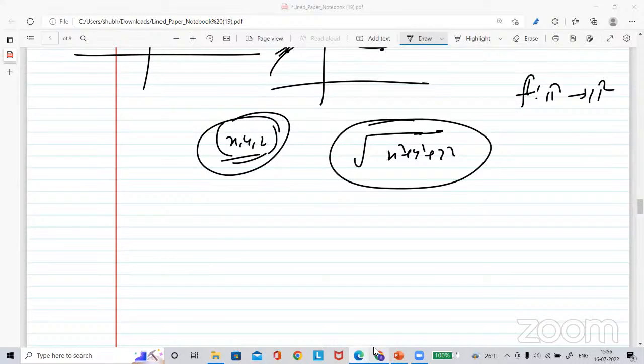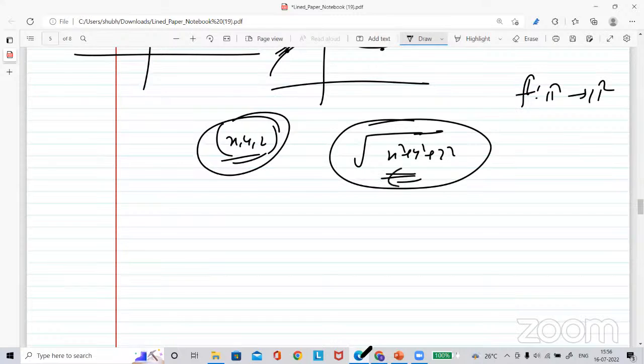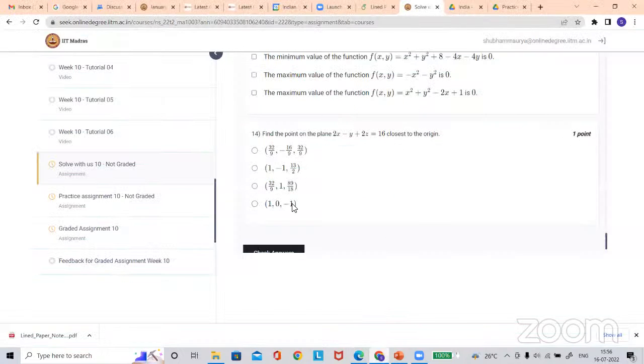This question only gives points, so you have to take those points, see which point satisfies the plane, and evaluate the value. Just substitute your values here, and whichever is going to be minimum is the answer, because here the points are given. Theoretically, whichever satisfies the equation will be the answer.